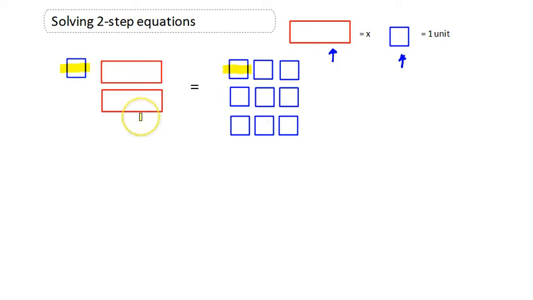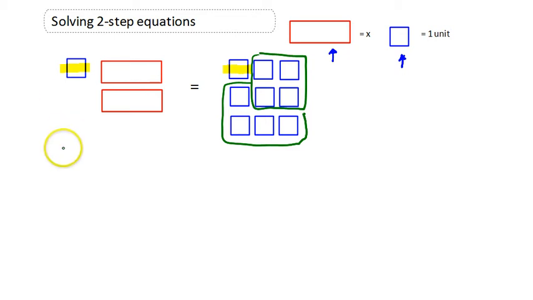Now I have 2 x rectangles, so I need to divide what's left over here into 2 groups. Here's one group of 4, and they have to be equal groups, so I'm able to divide what's left into 2 equal groups, or 4 in each group. That means that one of my rectangles equals 4.